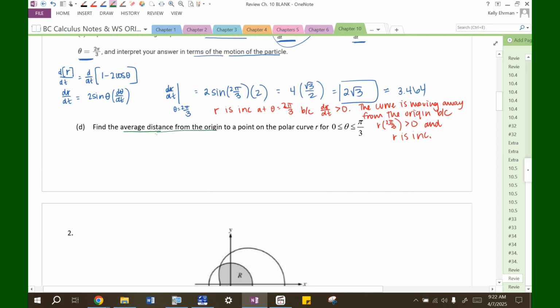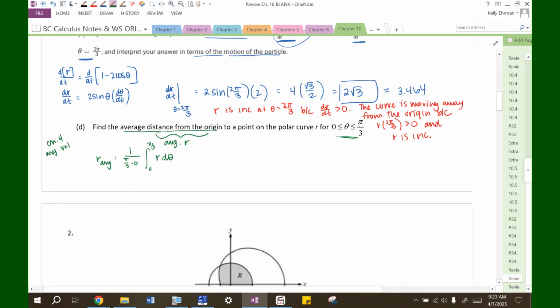Okay, and then average distance from the origin. Average distance from the origin is just saying average r to a point on the polar curve for this interval. So this is a throwback way back to chapter 4, average value. So average value is 1 over b minus a, pi over 3 minus 0, times the integral from a to b of the function itself, r d theta.